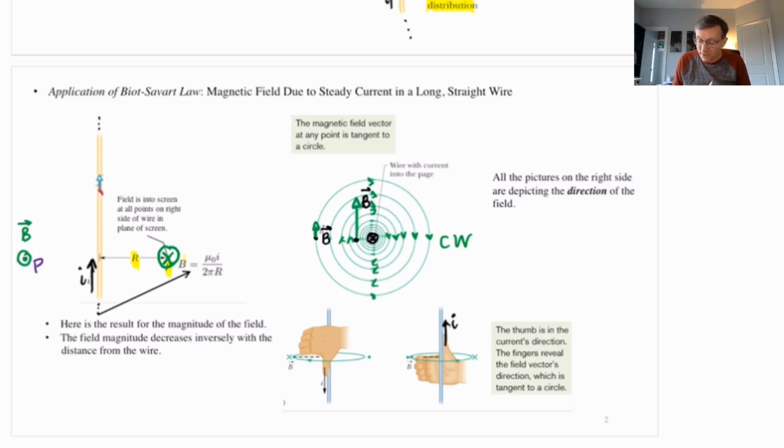For the case where the current's going upwards, hold your thumb upward and look which way your fingers circulate. They circulate with your fingertips coming out of the screen on the left side, and then if they could extend around, and you can swivel your wrist so that they do, they'll point into the screen for points on the right side.